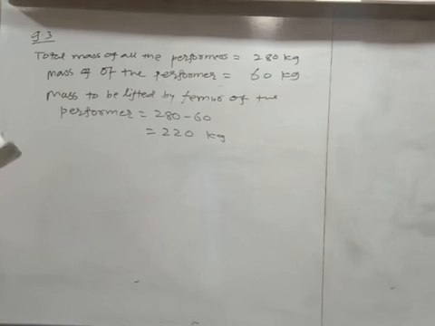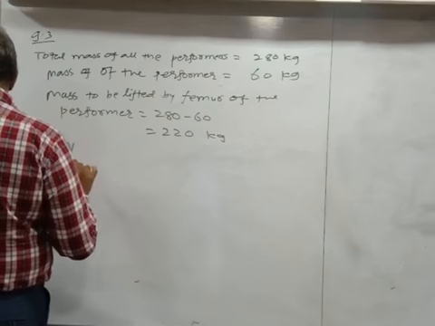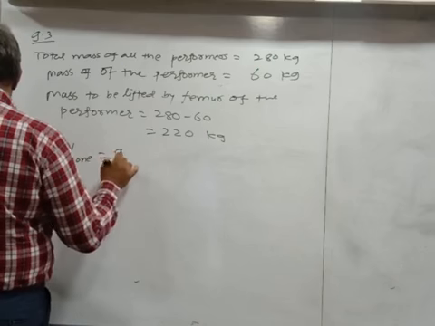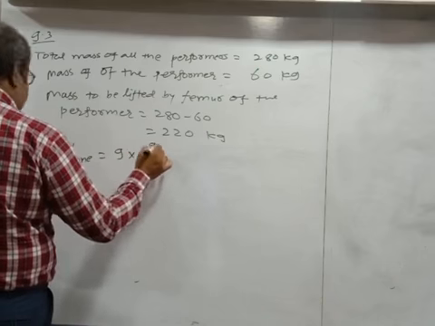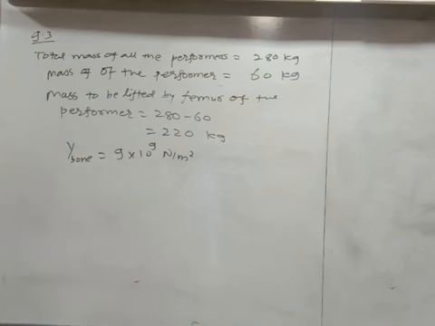Okay. Now they are asking us to find out the compression. But see, whenever you want to find out the compression, that means the Young modulus of the bone should be there. It is compressive, and it is given here as 9 into 10 raised to 9 Newton per meter square. It is the Young modulus of the bone.